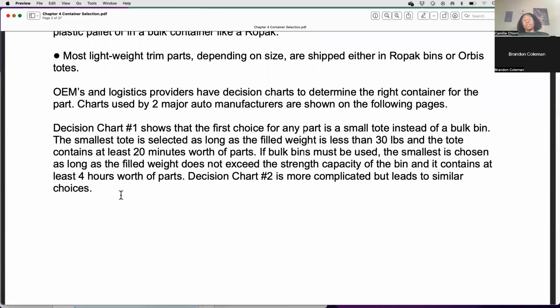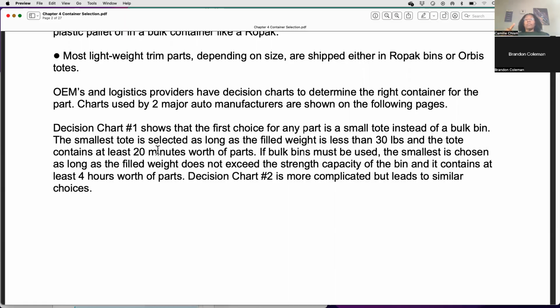Shipping shorter distances because they're looking at returnable totes, but you'll see. And here, the smallest tote that's selected, they want to be less than 30 pounds. We talked about that weight limit. And the tote should not contain less than 20 minutes worth of parts.